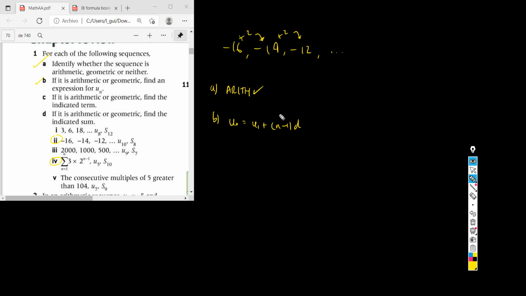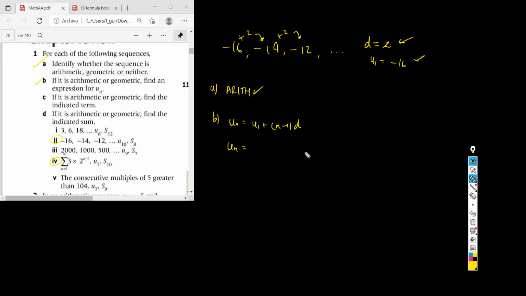Okay, and now I can actually even fill in some of these numbers, right? Because what do I know about the sequence? I know the difference, like I said before. The difference is 2. And I know the first term, which is minus 16. So with these 2 pieces of information, I can write this formula in the following way.